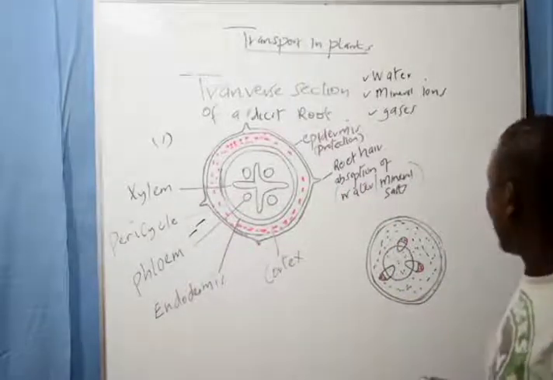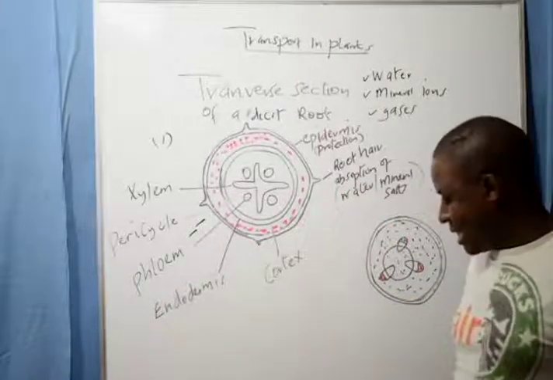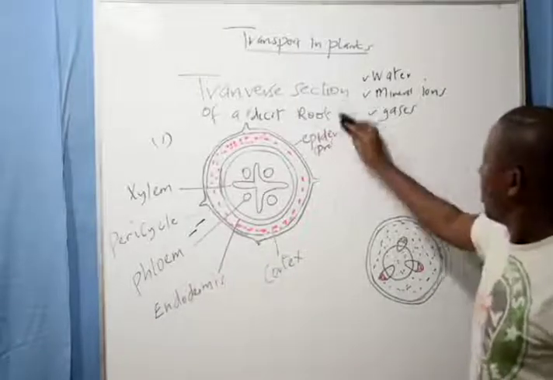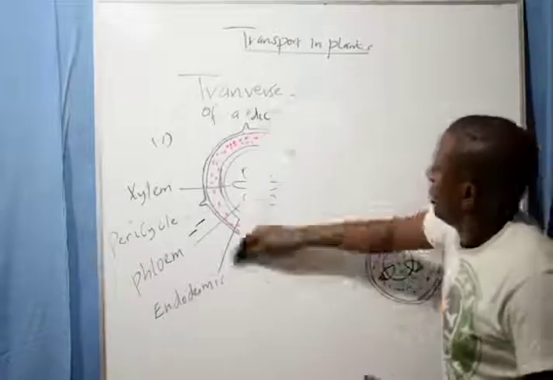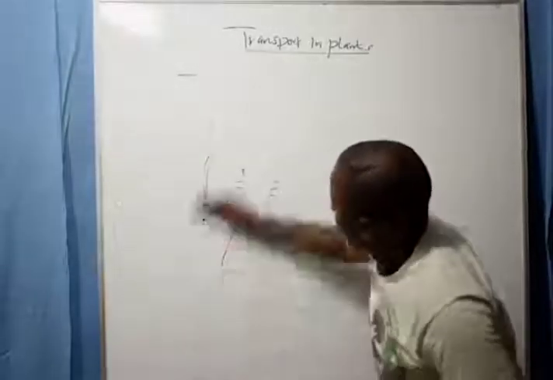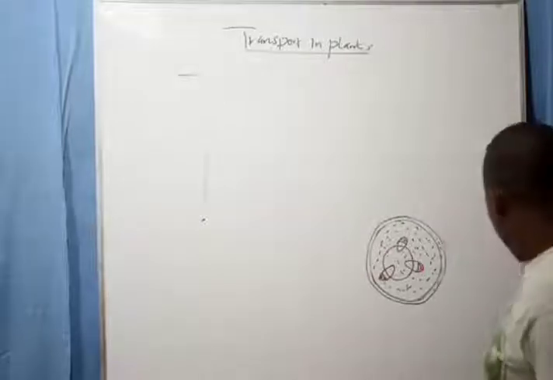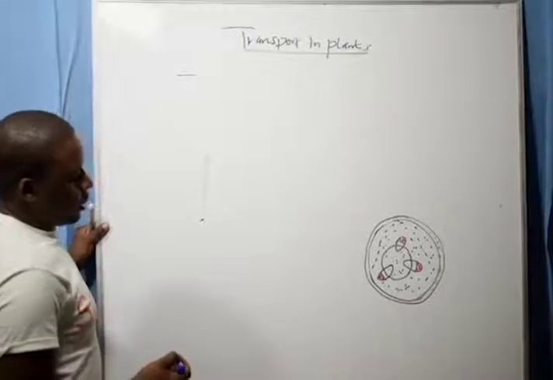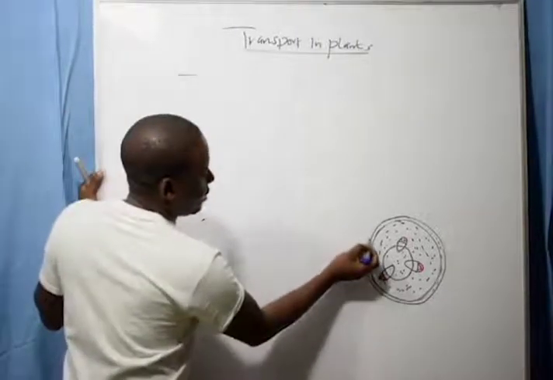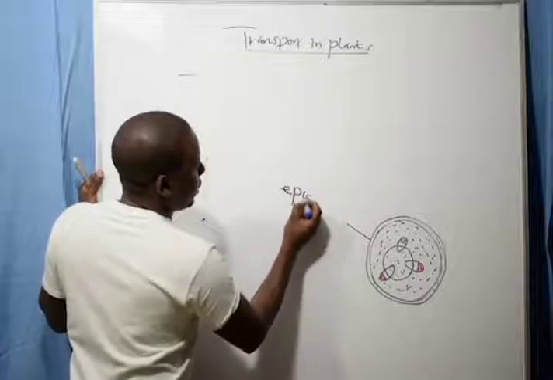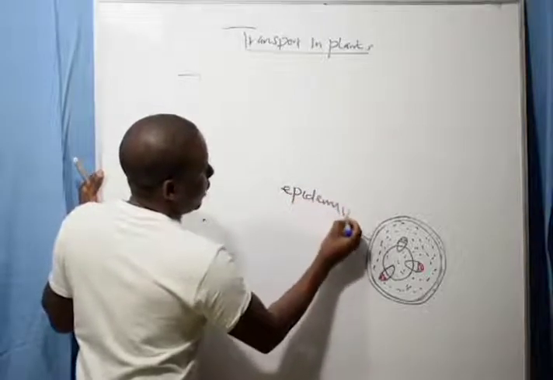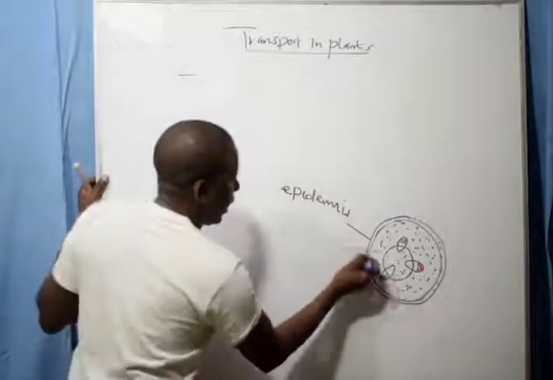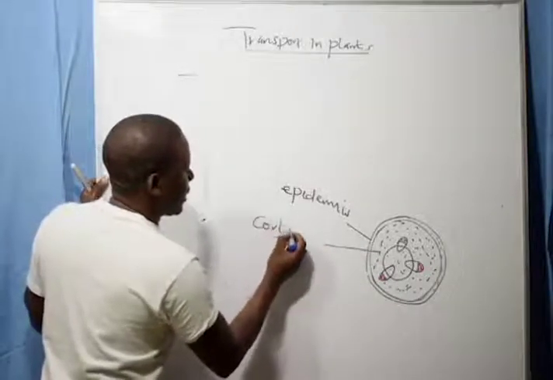I want us to look at the TS of a dicot stem. The diagram I've drawn here next is a TS of a dicot stem. Now this is the epidermis. Like I've said, the epidermis is for protection. Here we have the cortex.